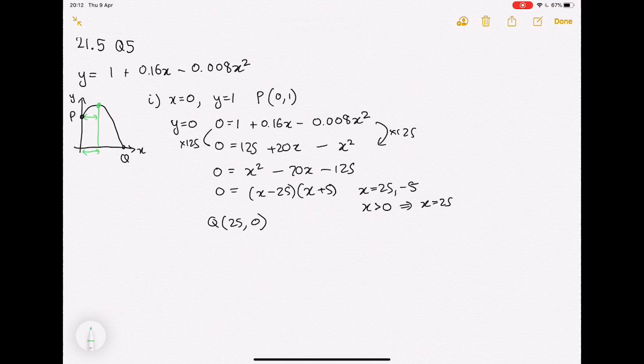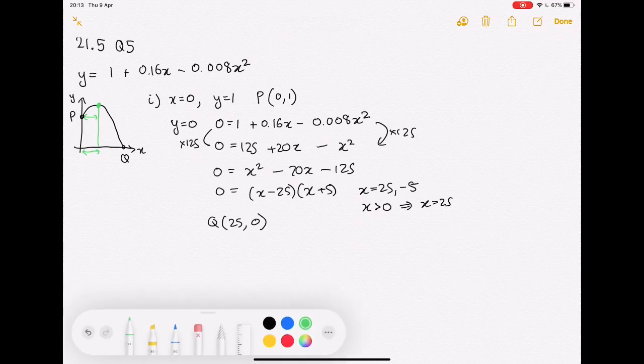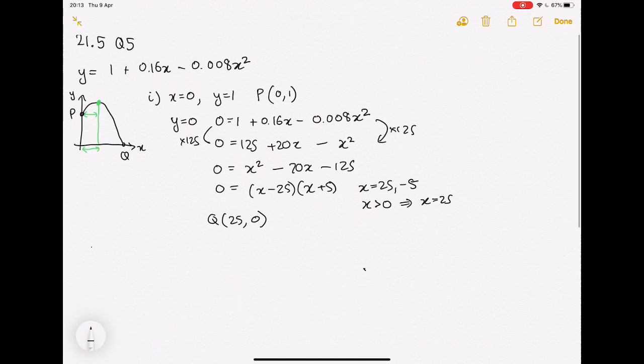This is the stationary point of the curve. It's a quadratic, so we could either complete the square or just differentiate. We want to find the point where dy/dx equals 0.